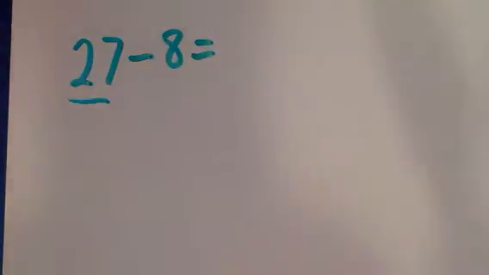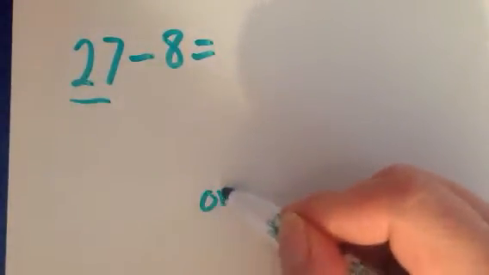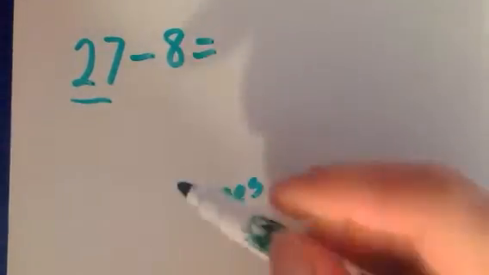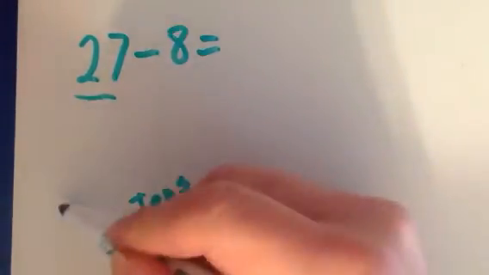Now we're going to start by talking about how to line this problem up. And this whole thing that we're going to do comes down to place value. Remember? When we talk about place value, we talk about ones, tens, and hundreds, right?